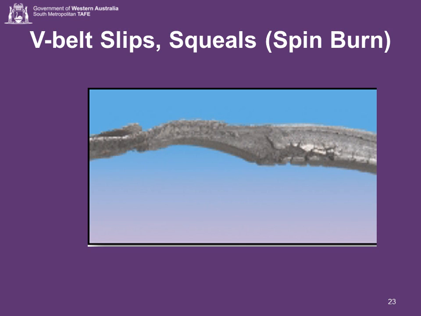Spin burn can be caused by worn or damaged sheaves, insufficient tension, incorrect belt cross-section, excessive oil or grease or moisture, or overdriving the belt. The belt may also have been damaged when being pried on or off.